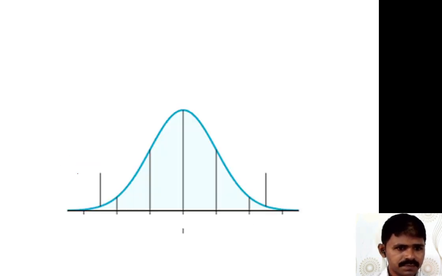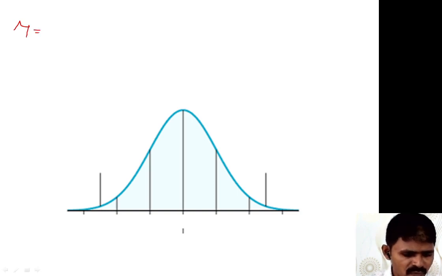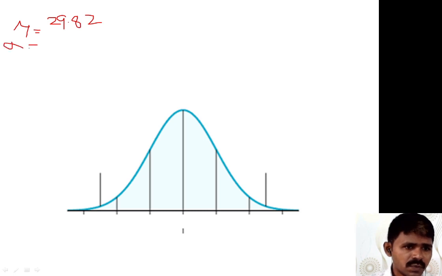Now the dispersion of these values in a normal curve. Here the mean value is 29.82 and the standard deviation value is 6.03.